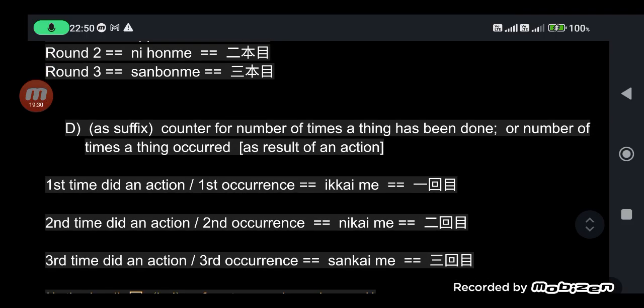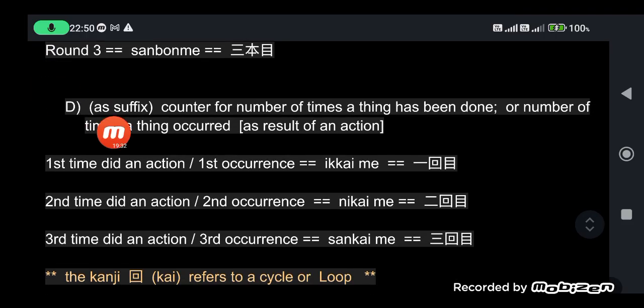Okay, again, a suffix as counter for number of times a thing has been done. Let's say a feat. A counter of times for a thing that has been done, or a counter for the number of times a thing occurred as a result of an action.